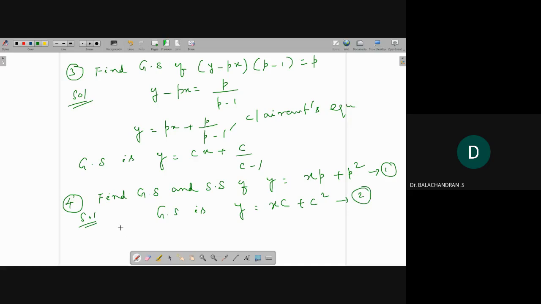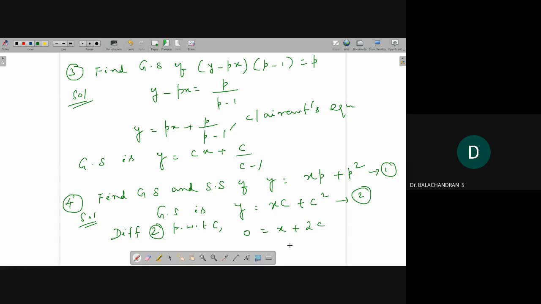Now differentiate equation 2 partially with respect to c. So you get 0 here, x plus 2c.